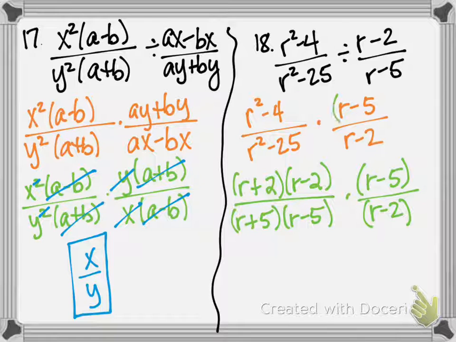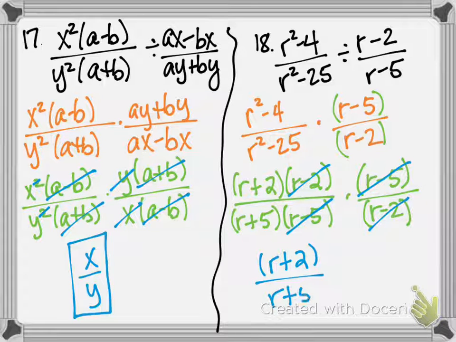Remember, r minus 5 and r plus 2, you can't do anything with them until you find a grouping that is exactly the same. So looking at that, you have an r minus 5 on top and bottom, an r minus 2 on top and bottom, and you are left with r plus 2 divided by r plus 5, which you cannot simplify any further. You leave that alone.